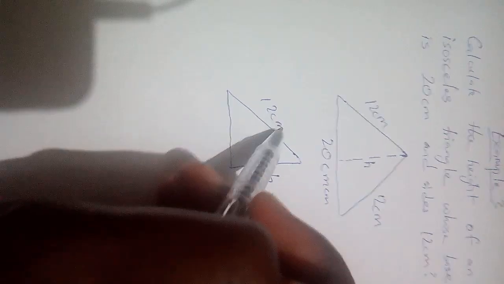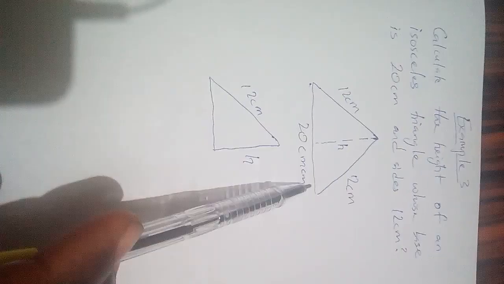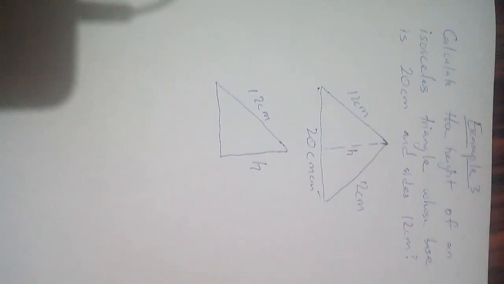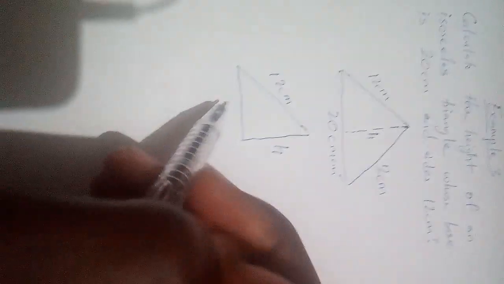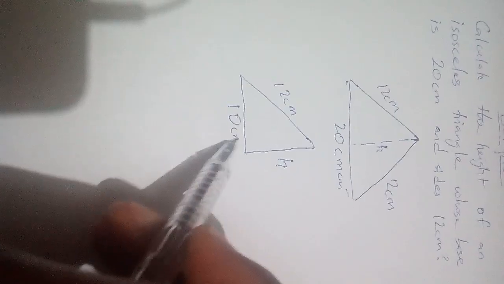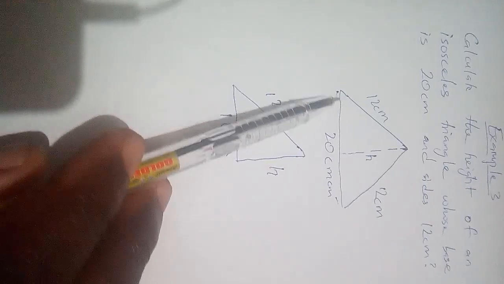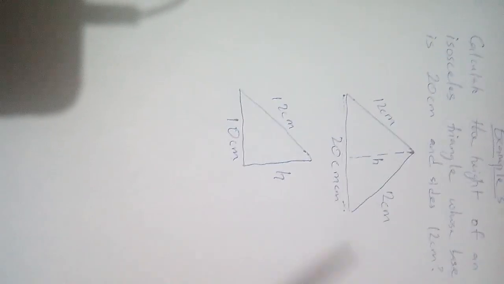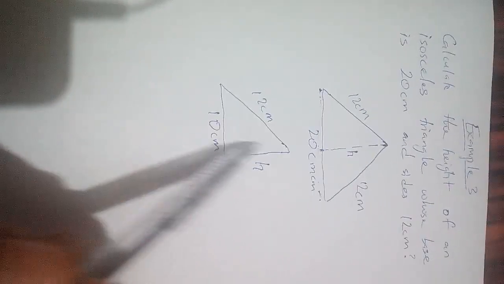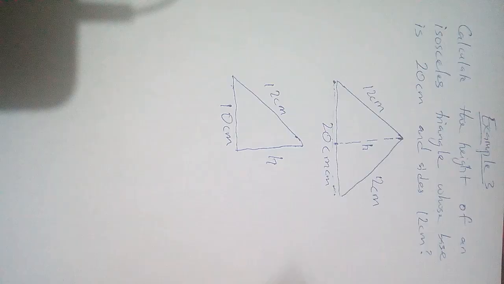This is your 12 cm. Our base is 20 cm. So if we divide our base into 2, which is 20 divided by 2, we'll have our base as 10 cm. We're dividing this by 2 because we're only working with this side from here to here. So that's how we got our 10 cm.